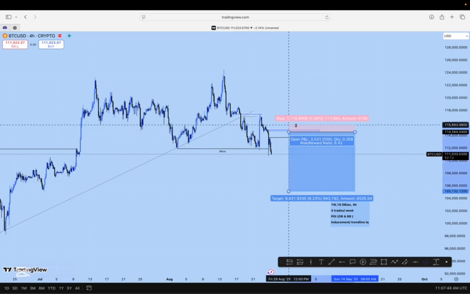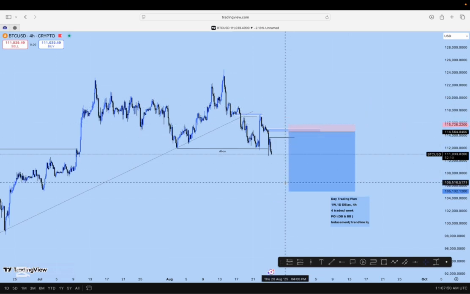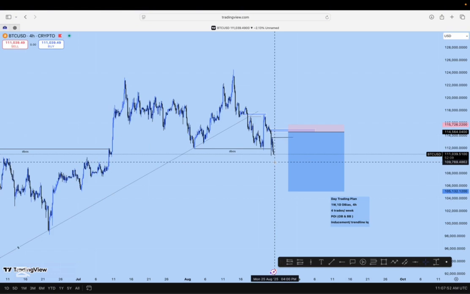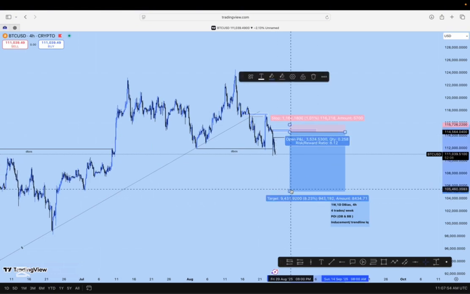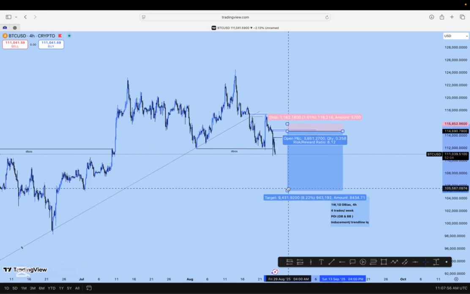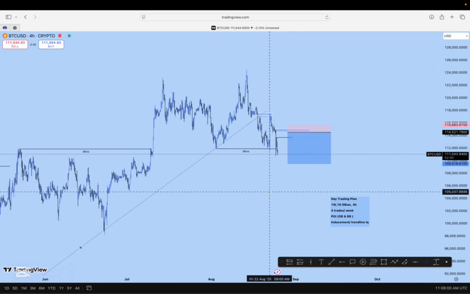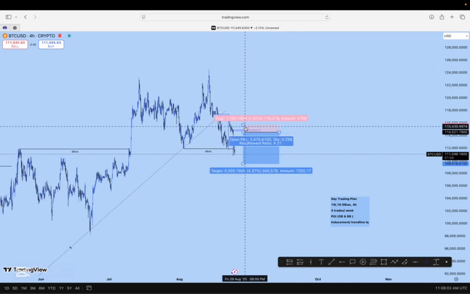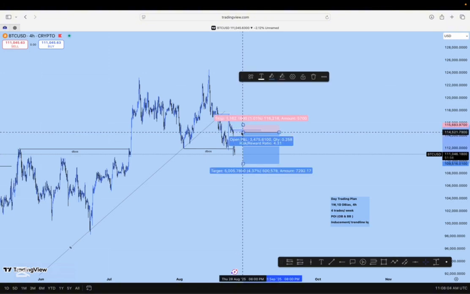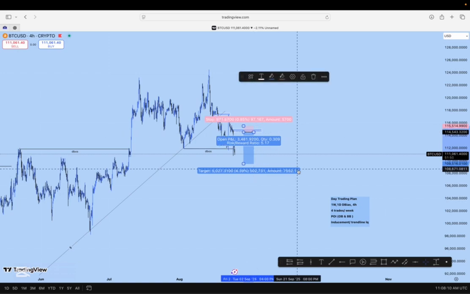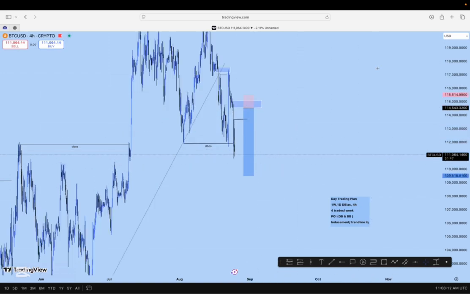Here is where I'll be taking a sell, and then target maybe here. Target here. For the meantime, I'll be taking 1:6 risk to reward, or either 5 or 6 till we get to our destination.